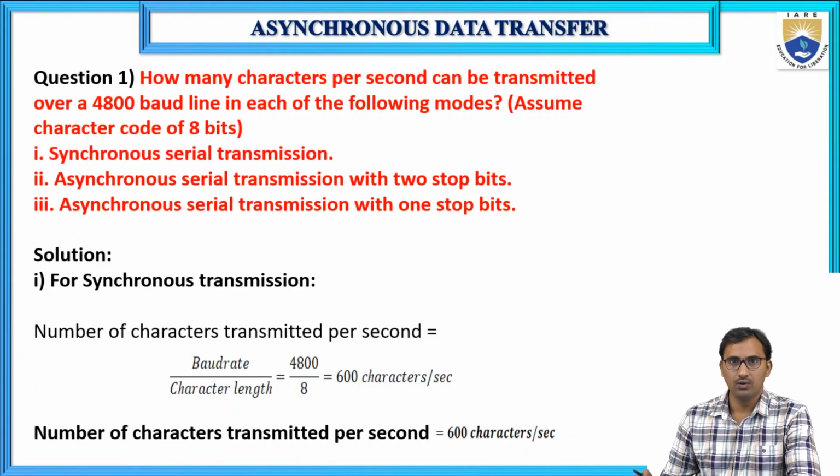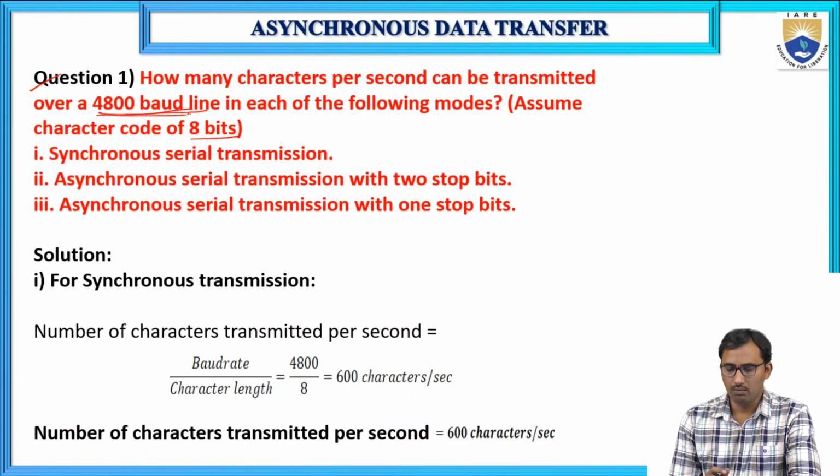Coming to the problem solving. The first question is, how many characters per second can be transmitted over a 4800 baud line in each of the following modes? Assume a character code of 8 bits. Here we are transferring the data using asynchronous data transfer, and the baud rate is 4800.